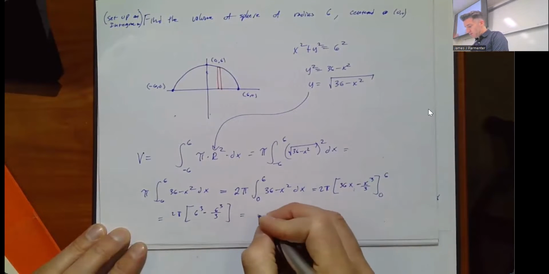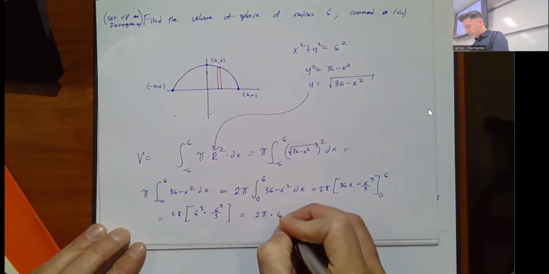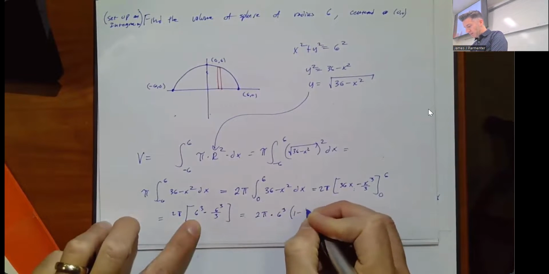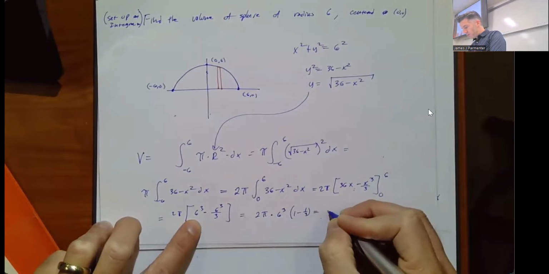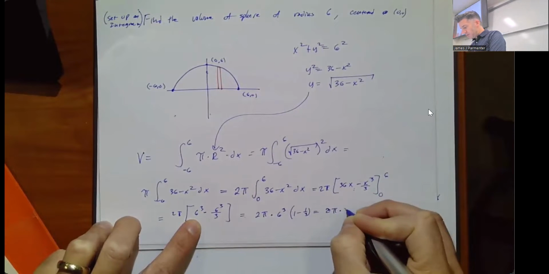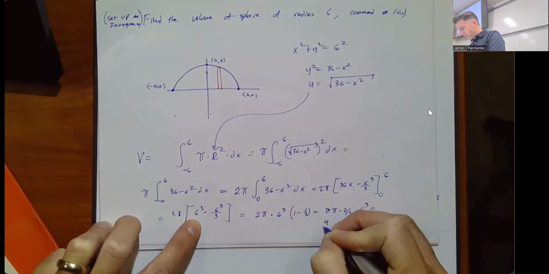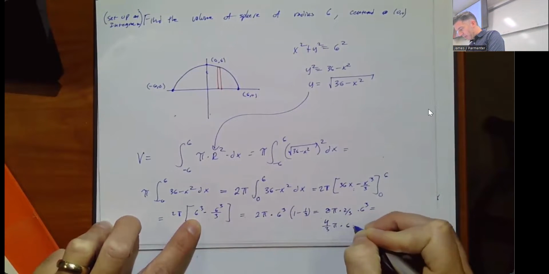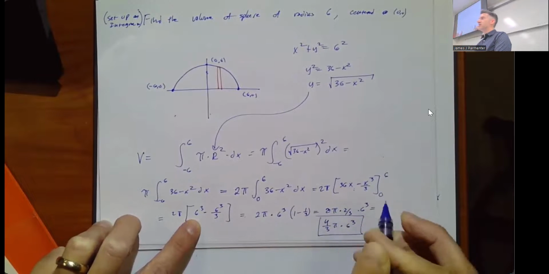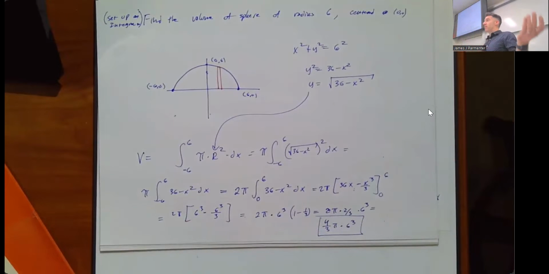So this is going to be 2 pi times 6 cubed times 1 minus 1/3, or 2 pi times 2/3 times 6 cubed, or in other words, 4/3 pi times the radius cubed, which is the volume of a sphere of radius, whatever. Kind of cool. It is really cool, actually, I think.